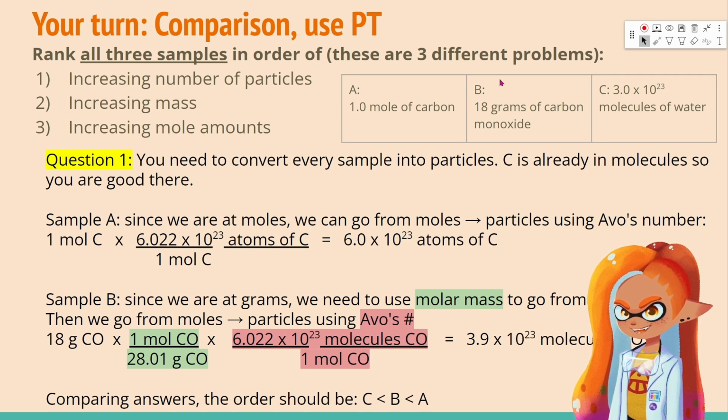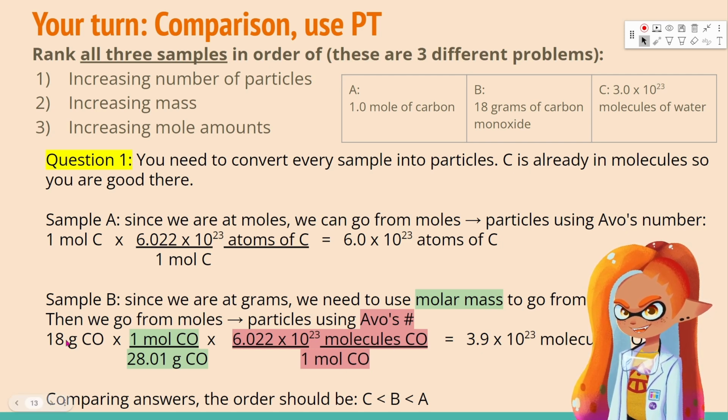And then for sample B, we have mass. So if you look over the molar mass, because that's what you have to go through, and then you need to go from molar mass to particles. In this case, we're going to use molecules because it's a covalent compound. And so I have highlighted in green here, we have the molar mass of CO. So I make sure that grams cancel out and have moles of CO at the end. And then I use Avogadro's number with molecules divided by a mole's worth of that.